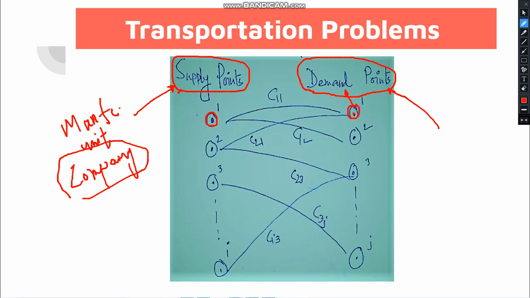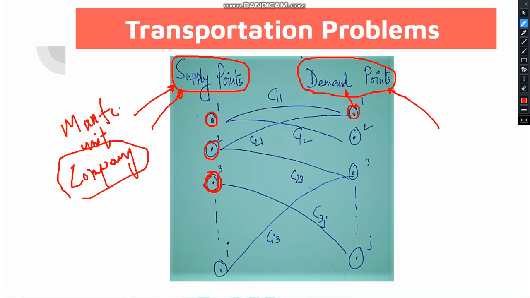So let us consider, as I was saying, these are the supply points, that means where the product is being manufactured.